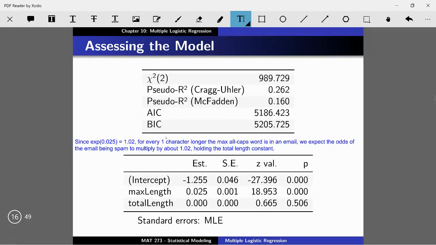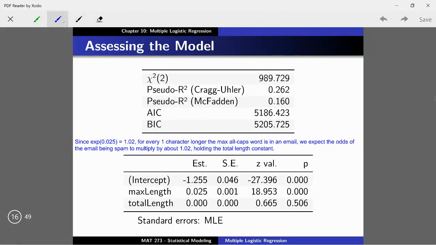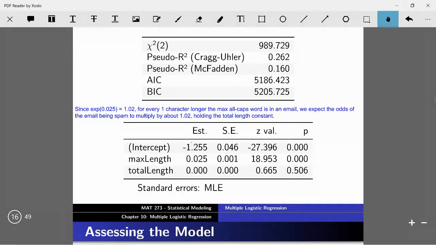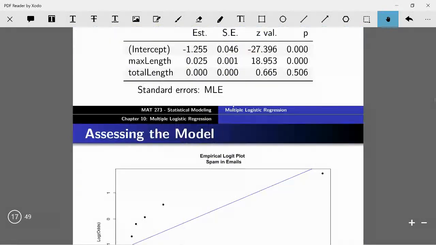That wording is very particular: multiply instead of just increase, and also to mention that it's odds, not the probability of success. So that's an example of how to interpret one regression coefficient. We'll interpret an intercept term here later.